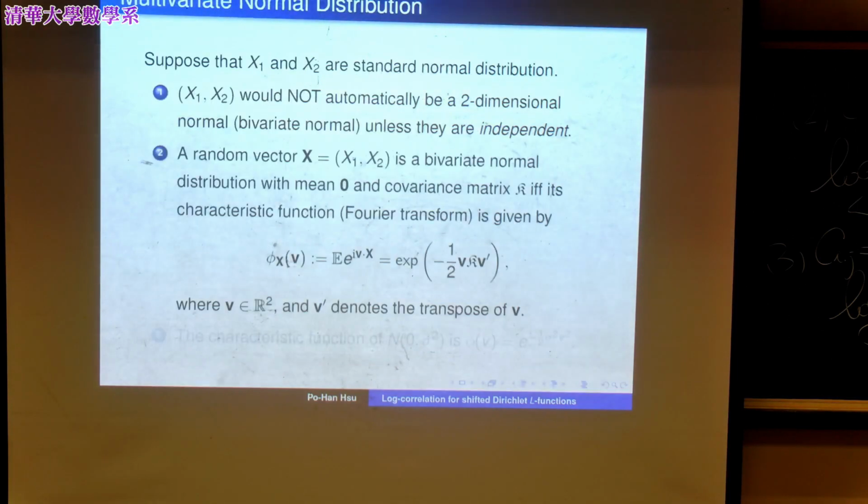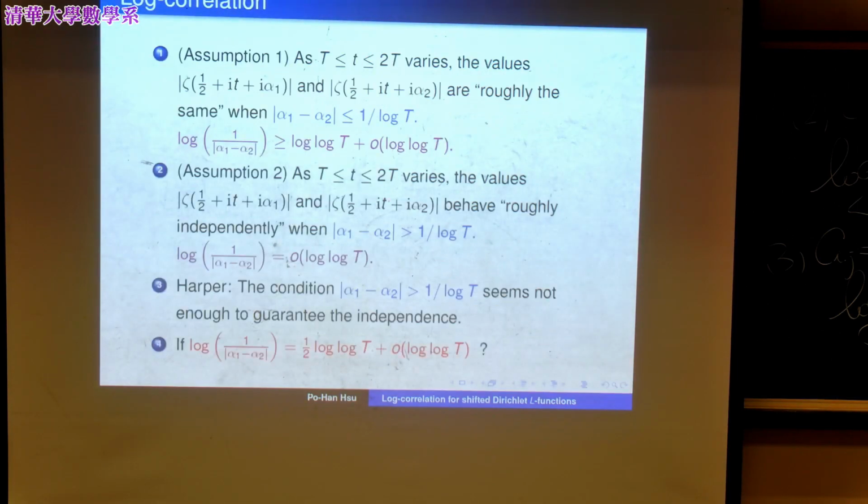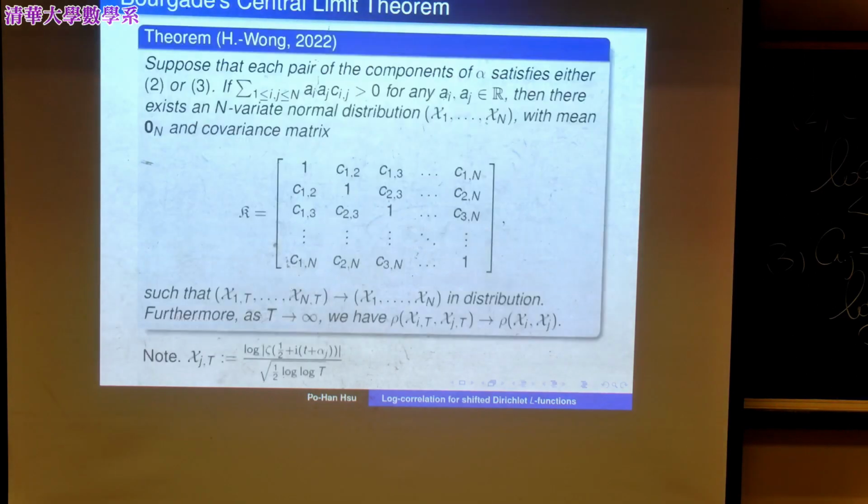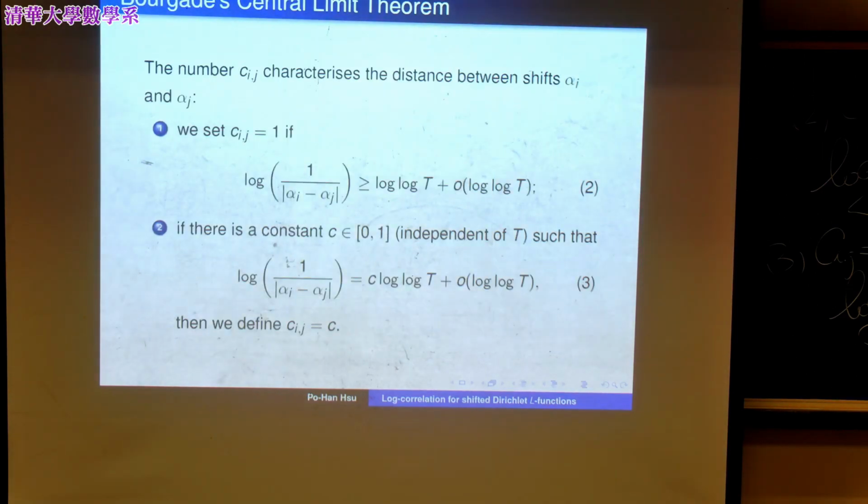Roughly speaking, if your C is 1, then that's independent. Oh, sorry, no. If your C is 1, then that means they are very close, so they will be roughly the same. If your C is 0, then they will be very far away, so that would be independent. If your C is in between 0 and 1, then they will have correlation.